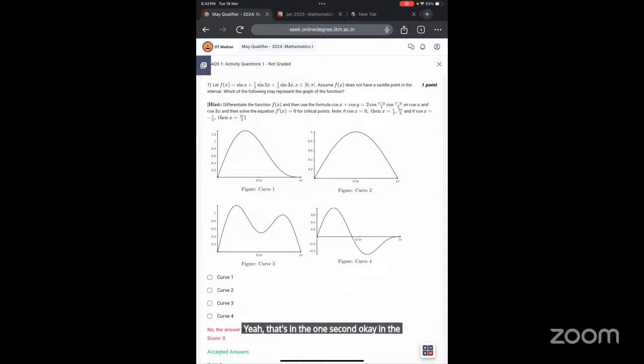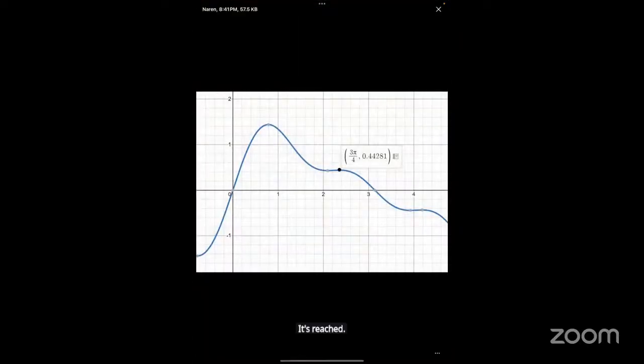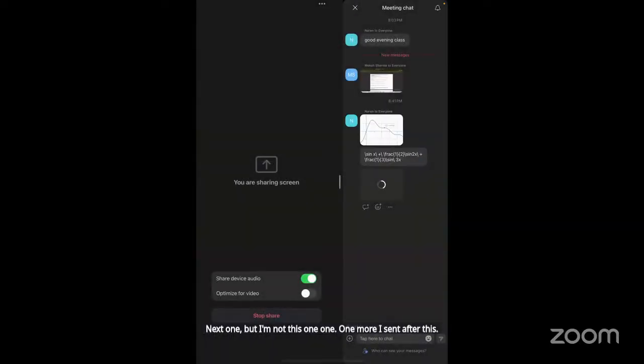I'll take a different screenshot. Just take the screenshot of your equation. It is coming, madam, on the way. Two minutes till it reaches you. Okay, it reached. Next one, madam, not this one. One more I have sent after this. So it's coming.